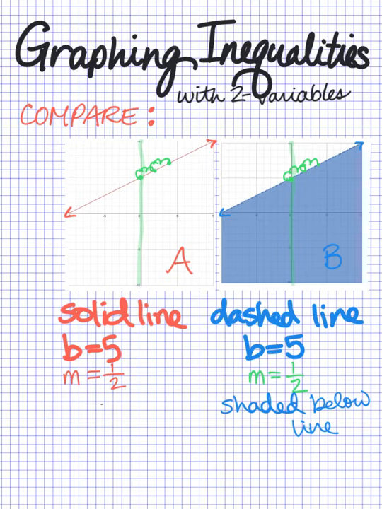So one of these is an equation and one of these is an inequality. We've been studying how to graph and how to write equations of linear functions. So you should recognize that A is actually our equation and B is our inequality.